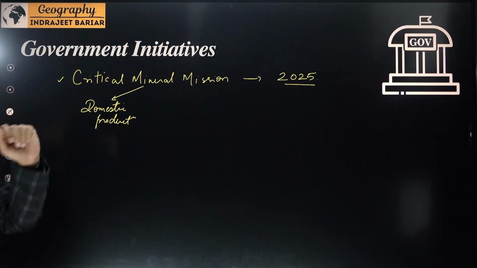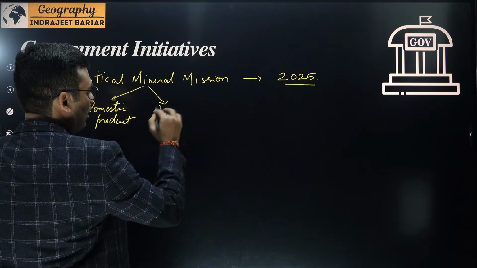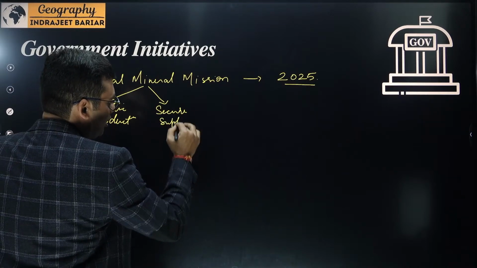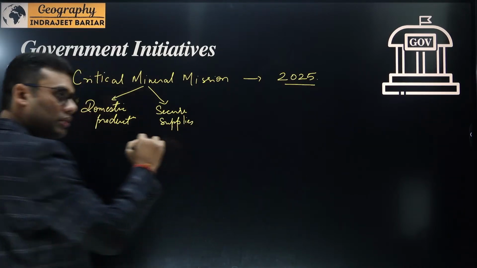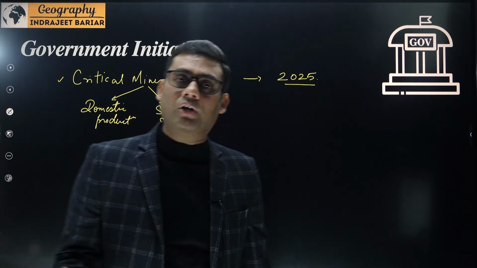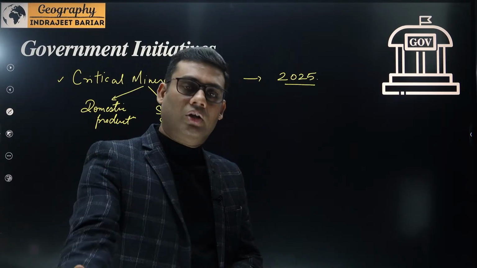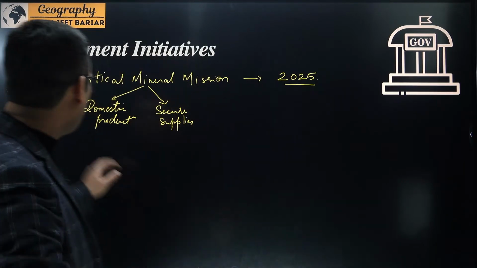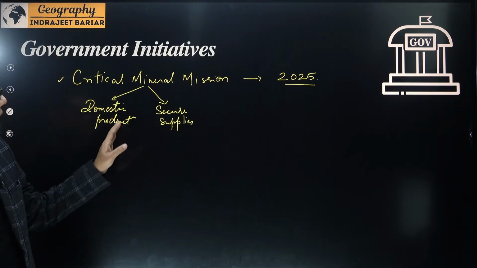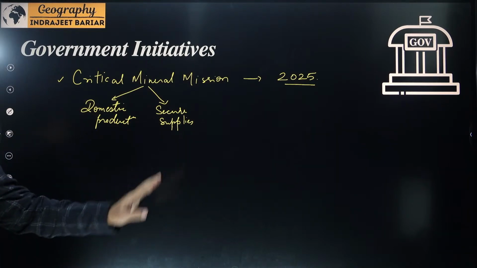Whatever we have seen with respect to constraints, this is what the mission is going to address. The first is enhancing domestic production as well as securing supplies. These are two different things. Securing supplies is where we know that we do not have abundance of critical minerals, so what needs to be done is securing the imports, which have to be secured and diversified.